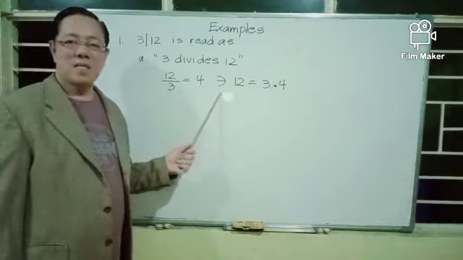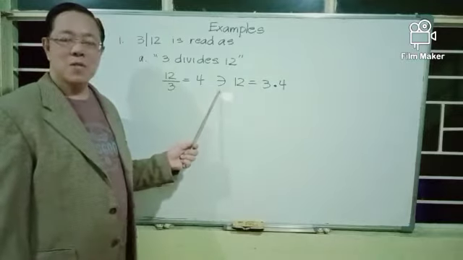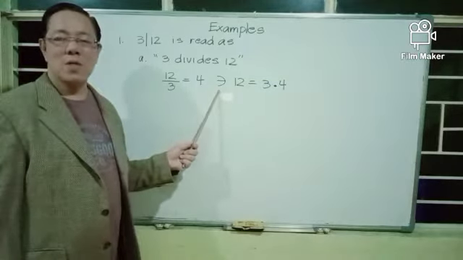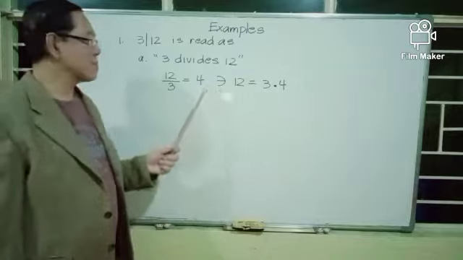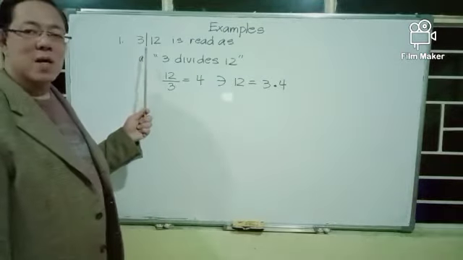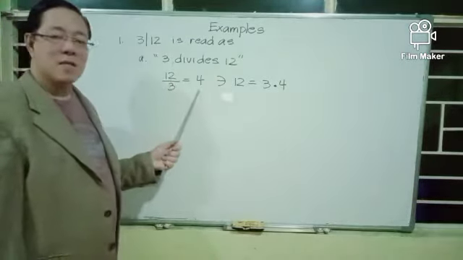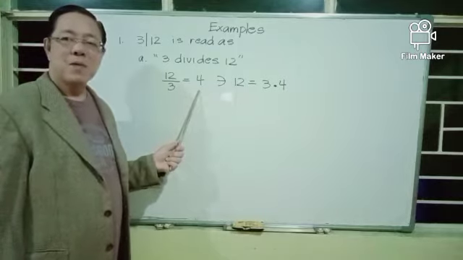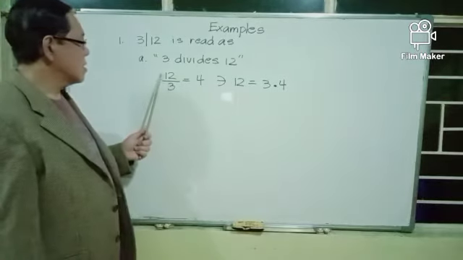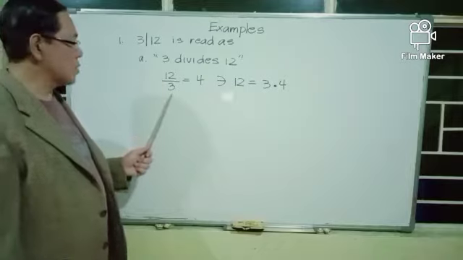From our past lesson, we use this notation or symbol to denote "such that." Hence, 3 divides 12 is true because there exists an integer 4 such that 12 is equal to 3 multiplied by 4.